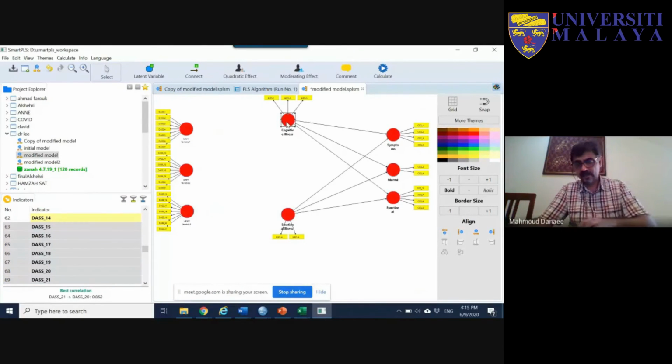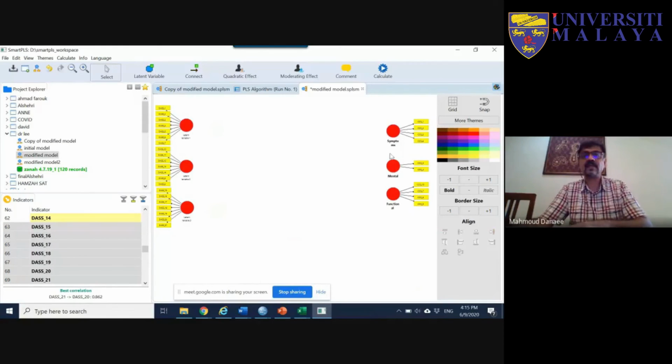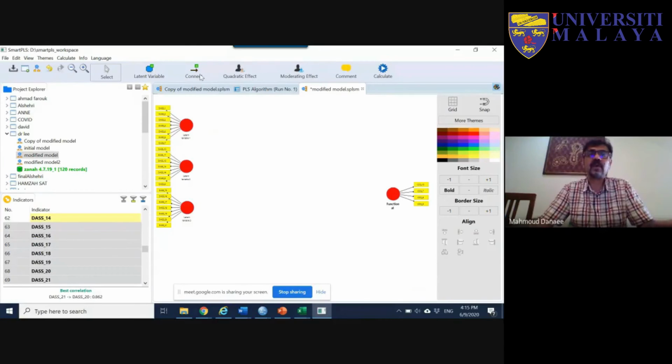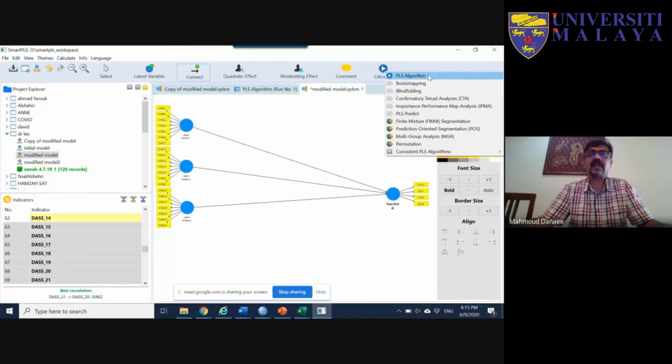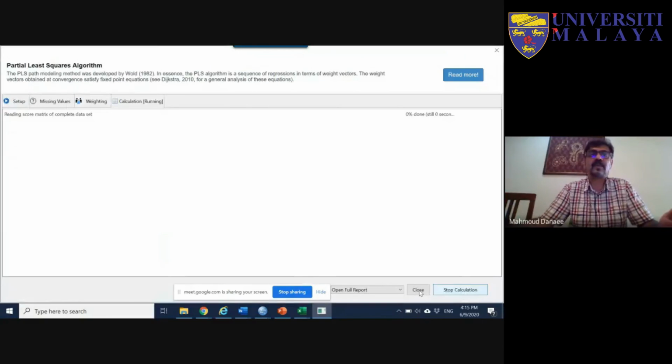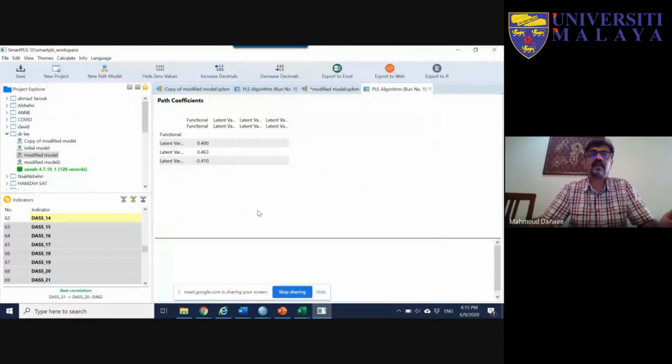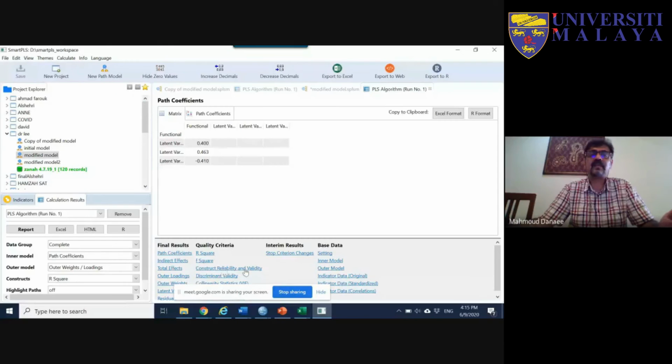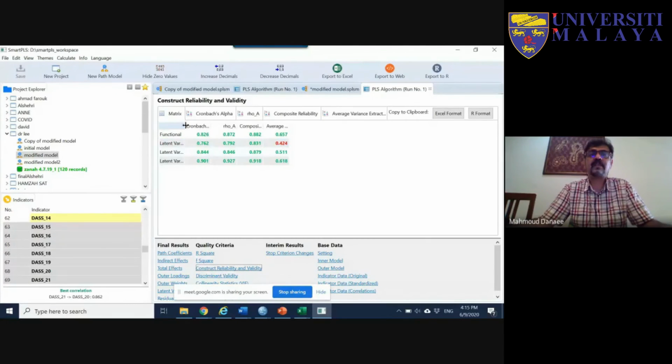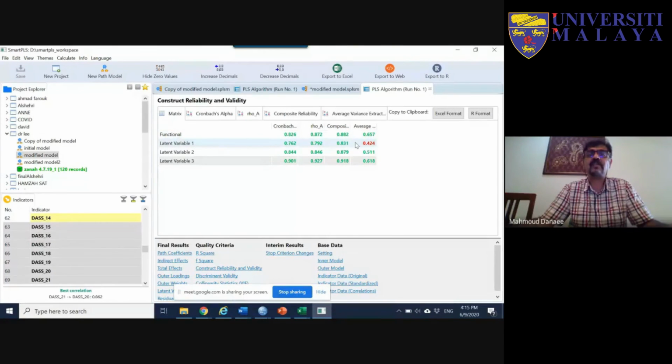If I just make it simple, suppose that this is my model, and I run the analysis by PLS algorithm. If I go to convergent validity and reliability, everything is perfect and reliable, but one of the components has an AVE of less than 0.5.